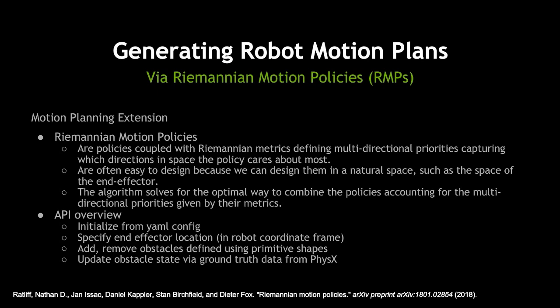Another thing in the API is that you can specify the end effector pose in the robot coordinate frame, which is the coordinate frame corresponding to the base of the robot. You can add and remove obstacles, and these obstacles are defined using primitive shapes such as spheres, cubes, cylinders. Once you have your obstacles, you can update them every single frame via ground truth data from PhysX.